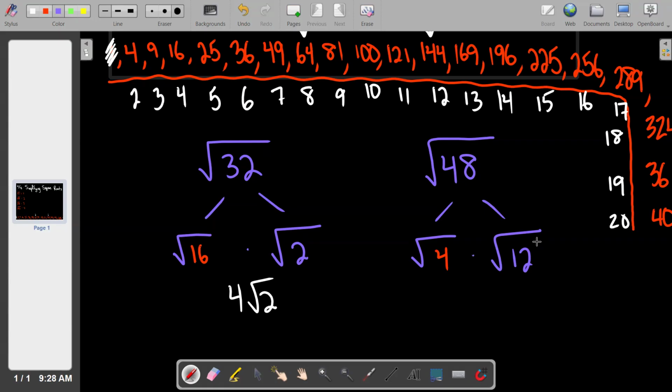Why would you start to reduce it and not finish? So rather than put ourselves in that position, we're going to dig deeper down the red list and realize, hang on, 16 times 3 makes 48. And what is the square root of 16? 4 root 3.